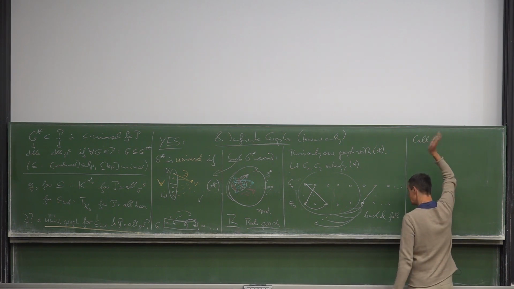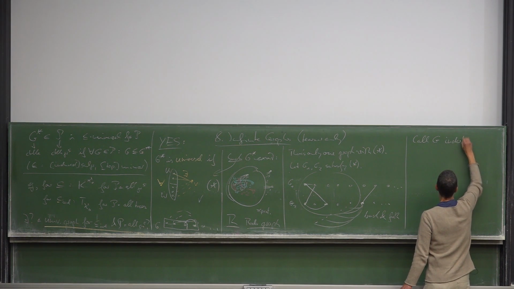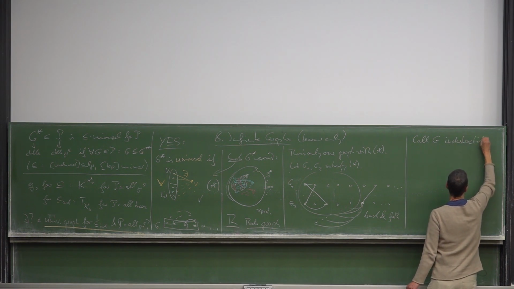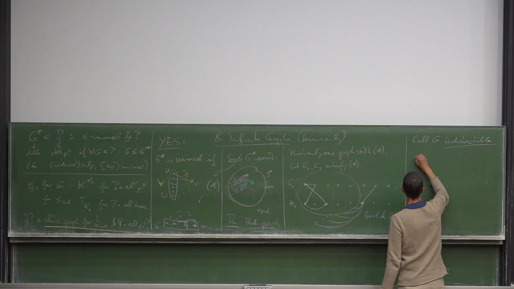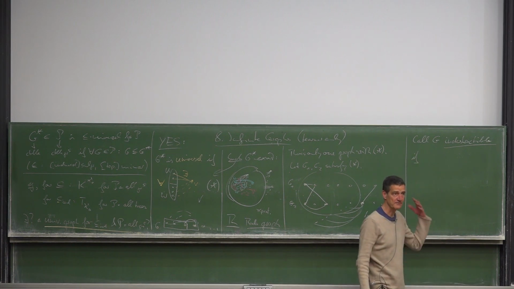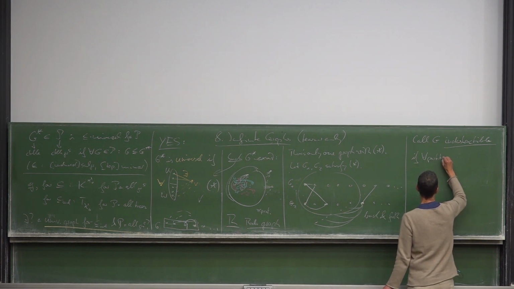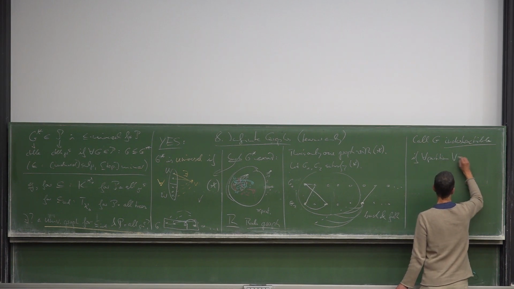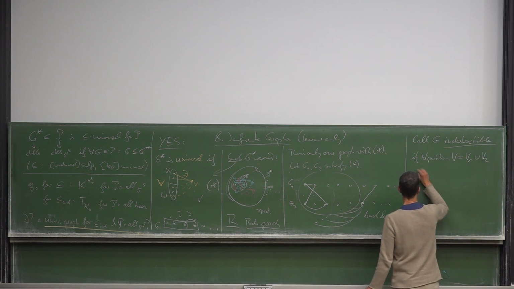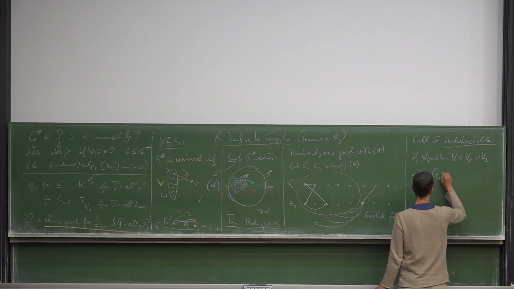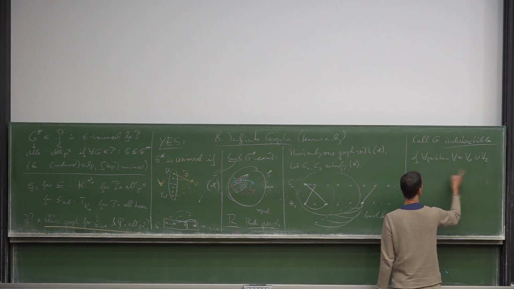Call a countable infinite graph G indestructible if for every partition of its vertex set into two sets, one of the two sides is isomorphic to the original graph. So how do I write that?